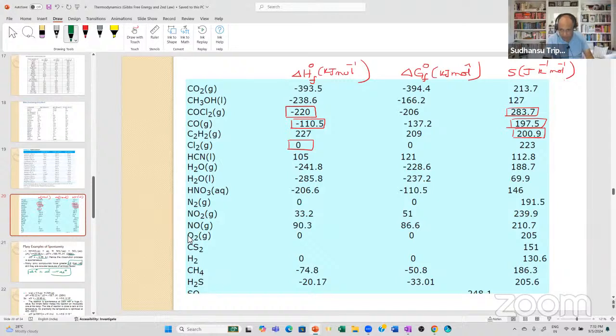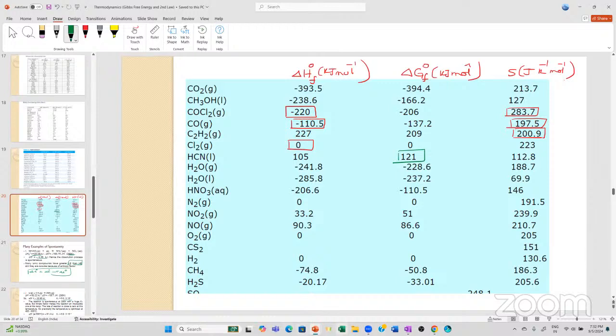It is 121, sorry, 121, because you have to use the free energy of formation directly. I think you have taken 105. For that, you have to use the del S data. Have you used the S data? Yes, sir, I have used both.